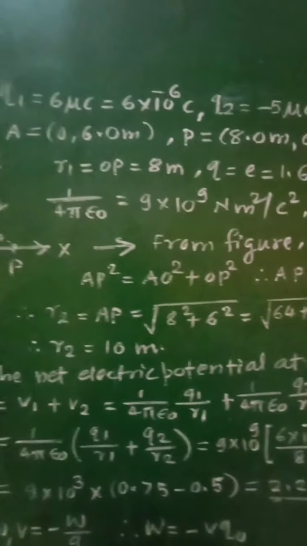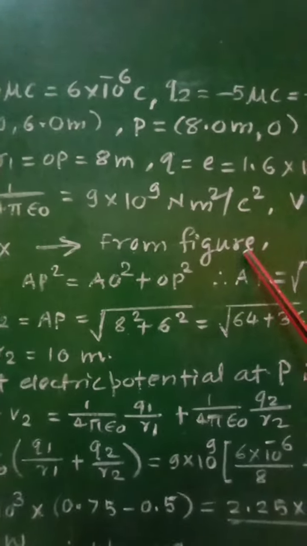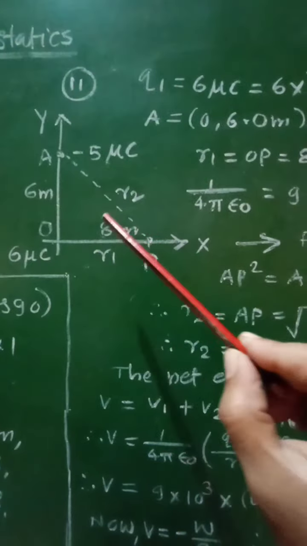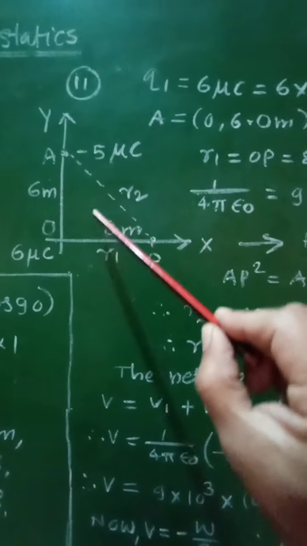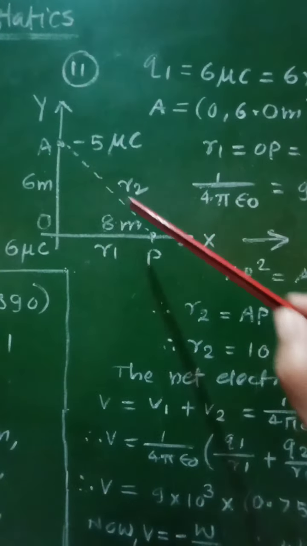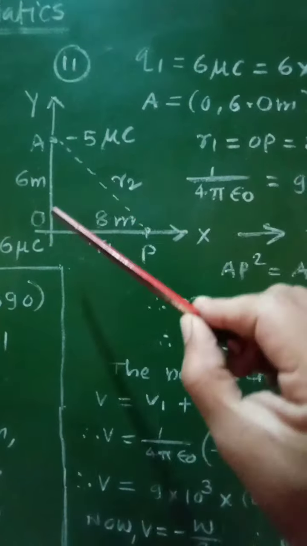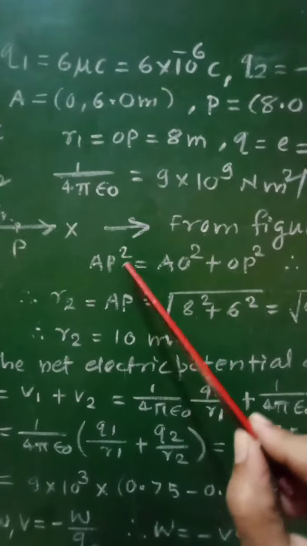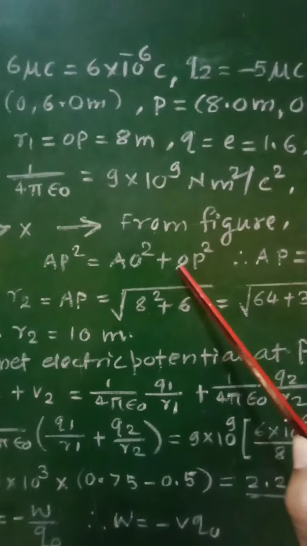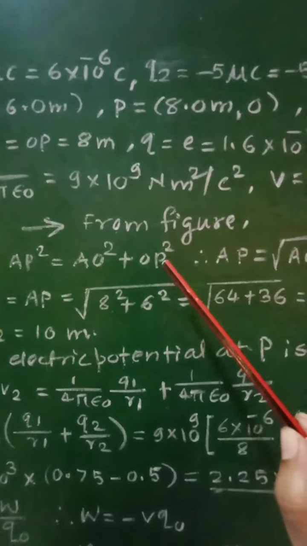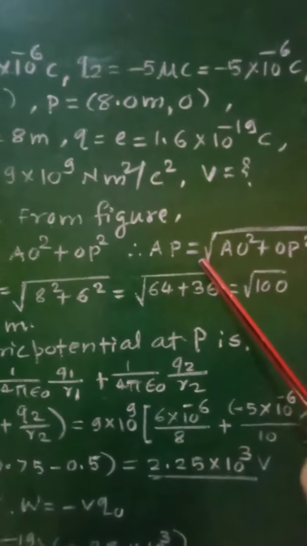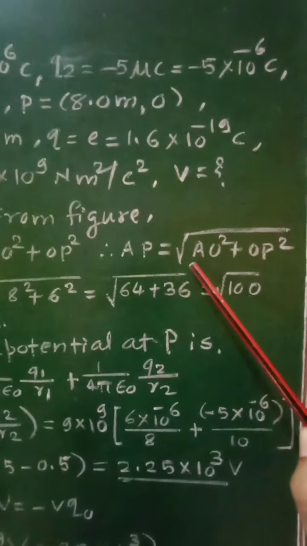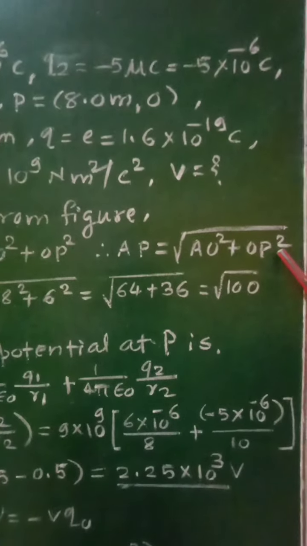From the given figure, as AOP is a right angle triangle, by using Pythagoras theorem, AP square will be equal to AO square plus OP square. Taking square root, we get AP is equal to square root of AO square plus OP square.